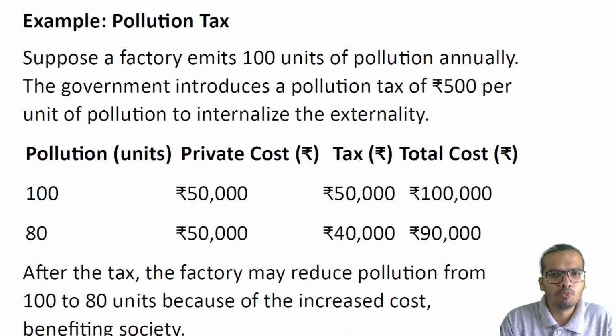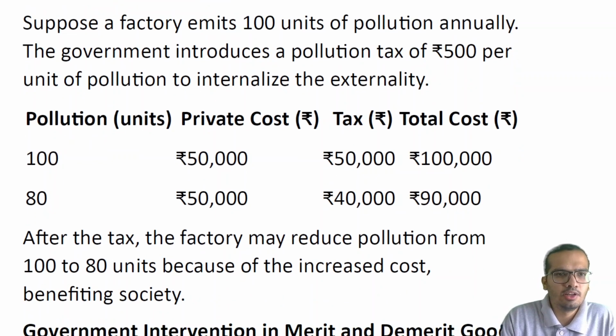One more practical example is the pollution tax. Suppose a factory emits 100 units of pollution annually. The government introduces a pollution tax of rupees 500 per unit of pollution to internalize the externalities. So here is a table for it. Pollution units: in the first case it's 100 and in the second case it's 80.